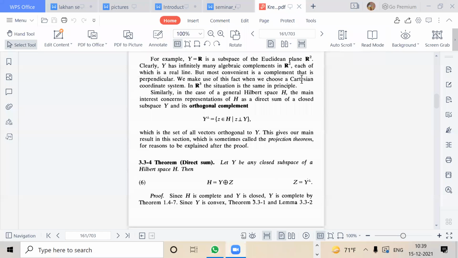Before that theorem, you have to write the definition of orthogonal complement. I will give you the definition.